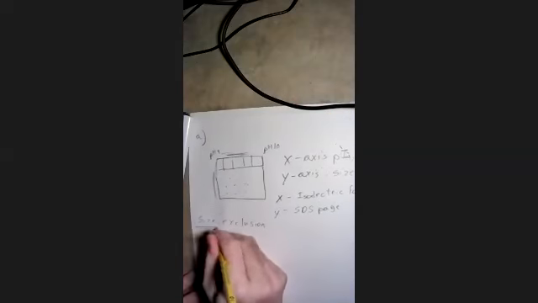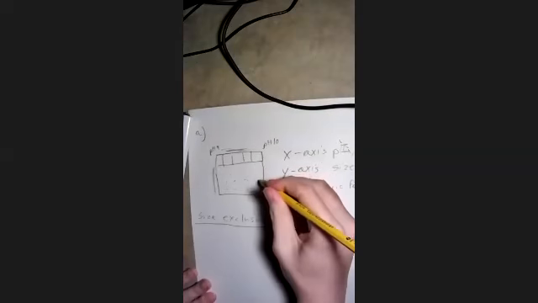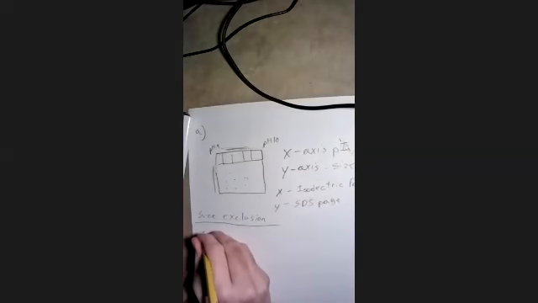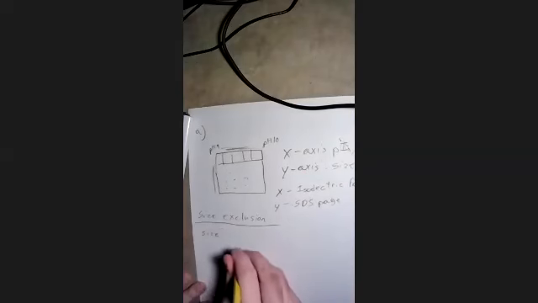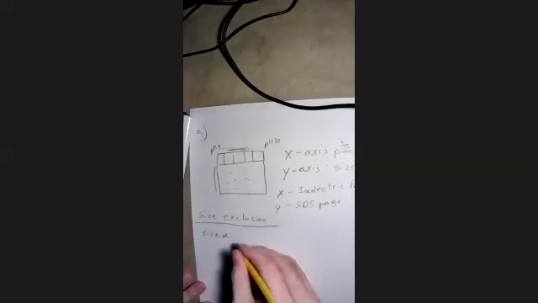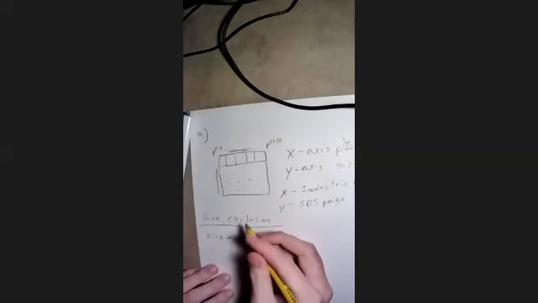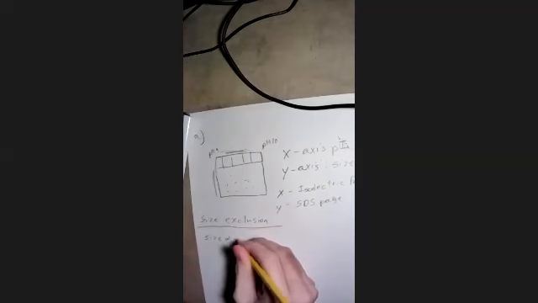So anyway, size exclusion. The largest proteins in size exclusion elute first; size is inversely proportional to elution volume.